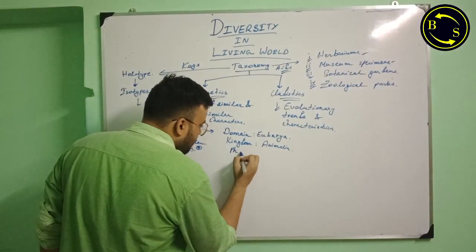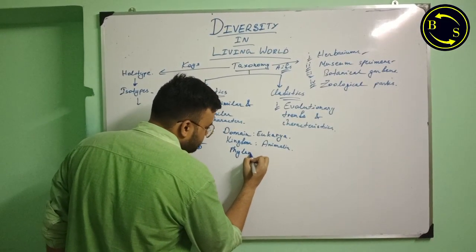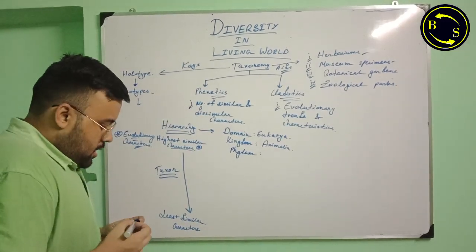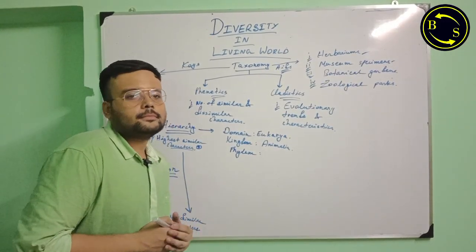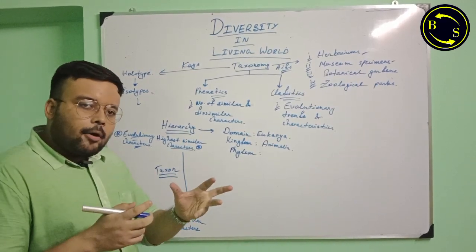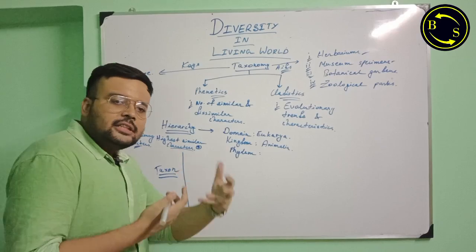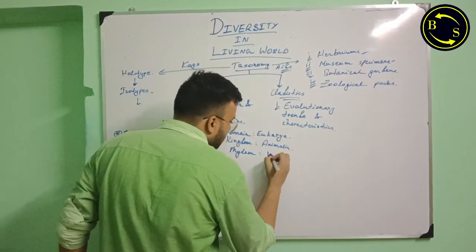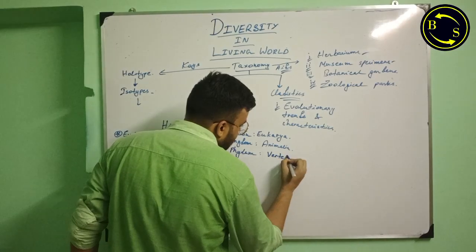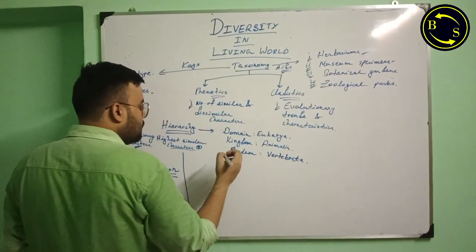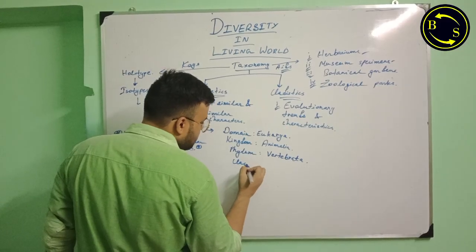Next we come to the phylum. This is another taxon. Every dog is made up of an endoskeleton which consists of a vertebral column. So we can say it is Vertebrata as it has a vertebral column. Then we have class.